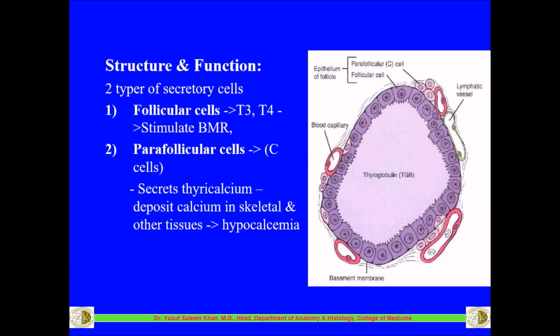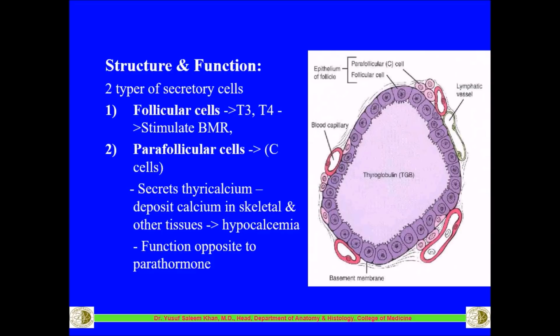When there is deposition of the calcium which is present in the blood, that leads to a condition called hypocalcemia, because there will be deficiency of calcium within the blood itself. This will be just opposite to the function of the parathyroid. So the thyroid gland as well as the parathyroid, with their secretions, will be regulating the level of calcium within the blood. If there is excessive secretion of thyrocalcium, then it leads to hypocalcemia.